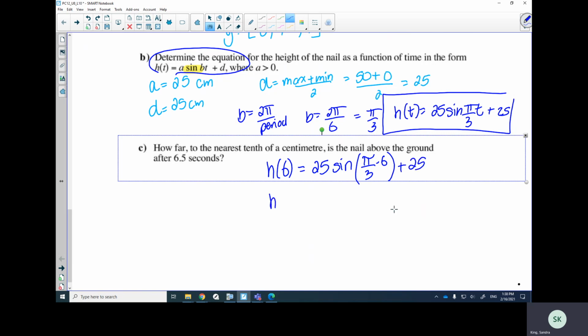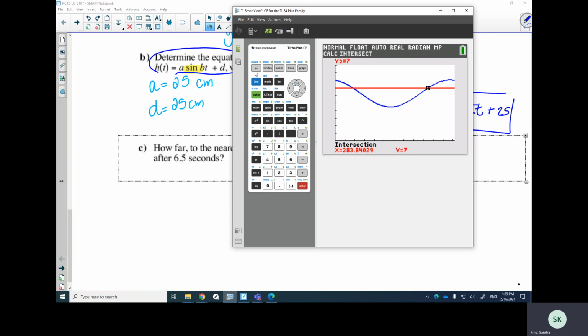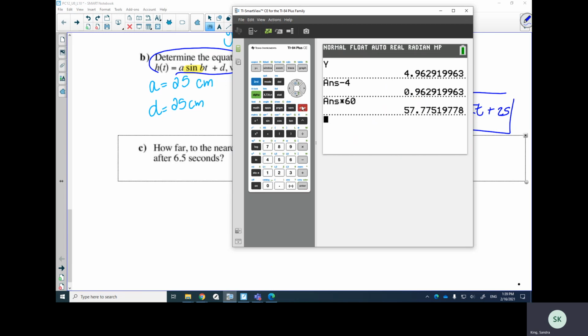The height of the nail at 6 seconds is equal to, so let's see how we calculate this. You guys, pi over 3 times 6, what is that the same thing as? So that's 6 pi divided by 3, that's 2 pi, right? Pi over 3 times 6 would be 2 pi.